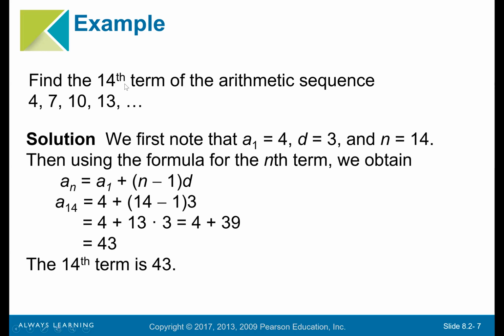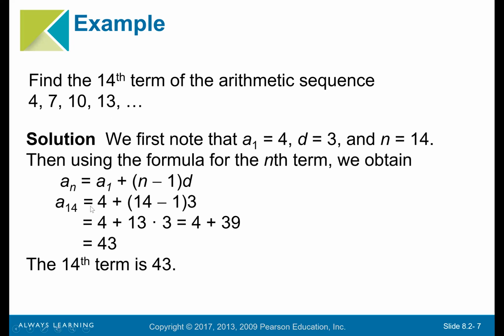To find the 14th term, when they say find the 14th term, they're telling you n is 14. You have to know the first term, which you can easily see is 4 in this example. Not in all of them, but in this one. And we need to know d, and you can find d by taking any term and subtracting the preceding term. So 10 minus 7 is 3.